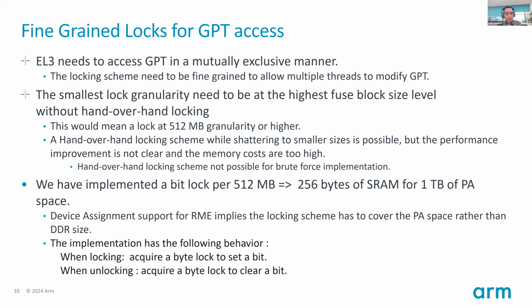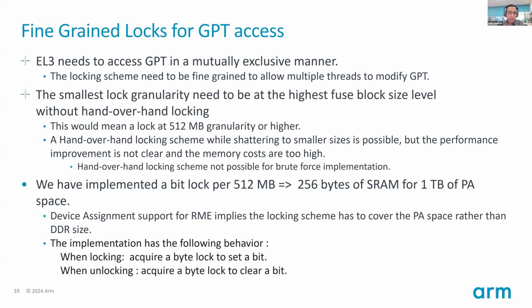It may be possible to have a smaller granularity lock, but there are complications if we go smaller than the highest block size; we may have to do a hand-over-hand locking scheme. And it's not clear to us what the performance improvement is if we go lower than the highest block fuse size.